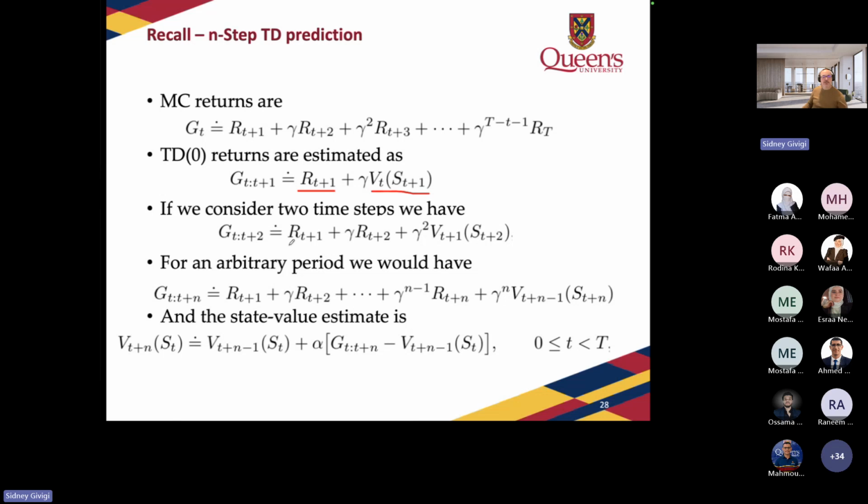Let's assume that we want to do this for 2 time steps. So now we have the first reward, the second reward, and then we have the approximation of the value. So now we have more rewards that are going to create the approximation of my return. This approximation is a little bit better than this approximation here, okay?